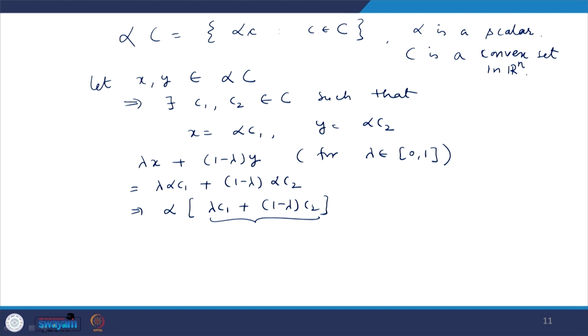So, this point will be some point in C and this is alpha times that point. So, alpha times a point in C is in alpha C. So, this belongs to alpha C because lambda c1 plus 1 minus lambda c2 is in C. So, in this way we have shown that alpha C is also a convex set for a scalar alpha and C a convex set.